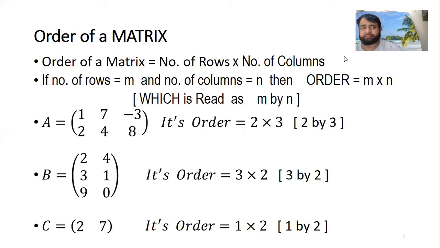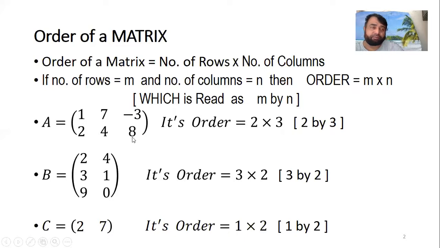So we write it like this: order of matrix equals number of rows, here is a cross sign, we read it as "by", number of columns. So if the number of rows is m and the number of columns is n, then the order is m by n. Don't say m into n, or m times n; you should say m by n.